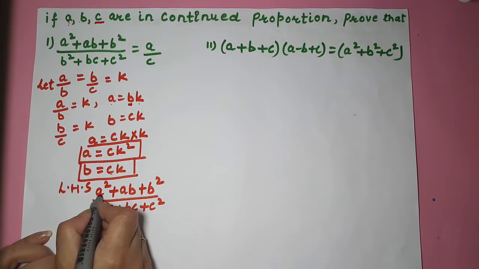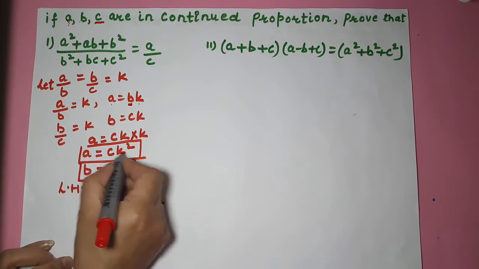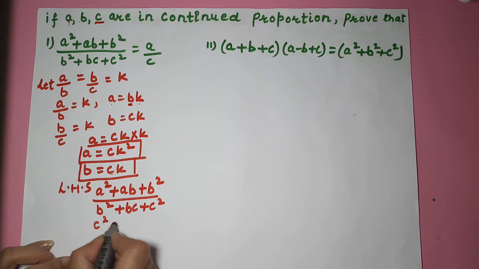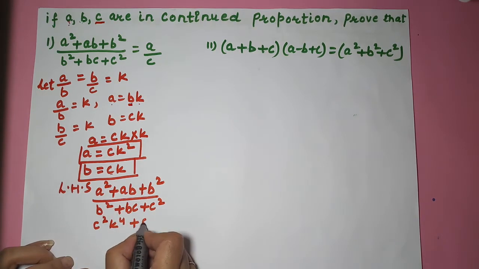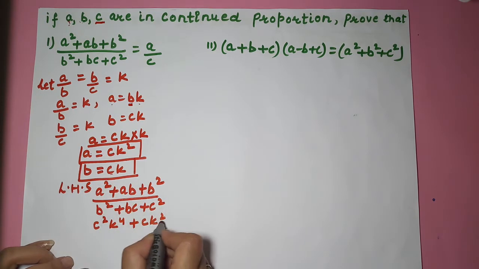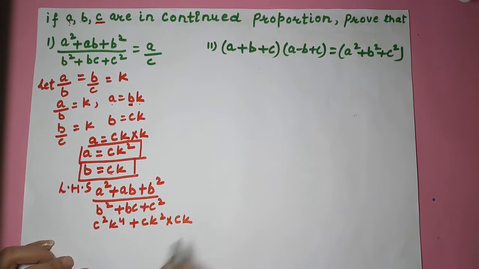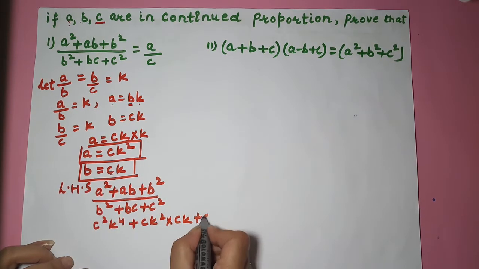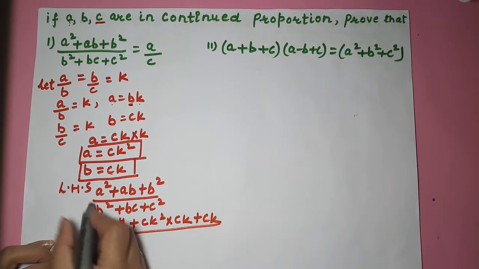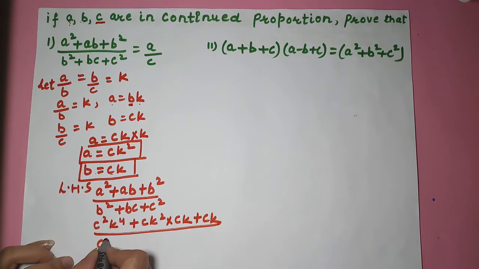So what is my A? My A is CK square, so A square becomes C square K to the power 4. What is my A? It is CK square, and what is my B? It is CK. Then I have B square, I can replace it as C square K square.